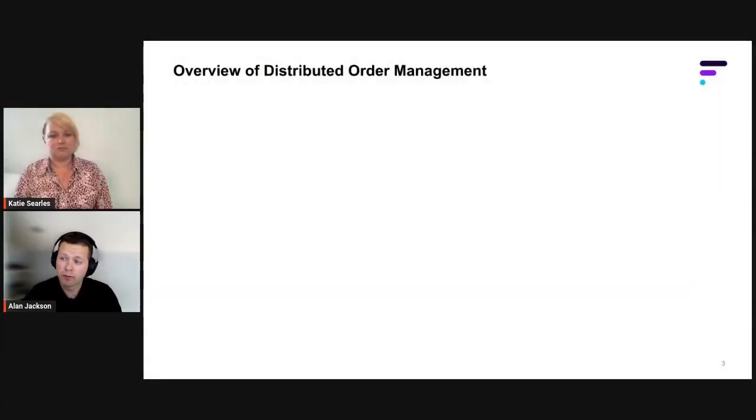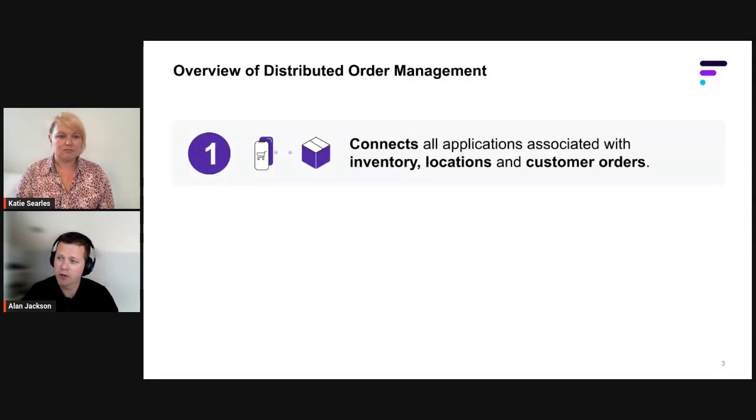More recently, we see distributed order management as really being three core competencies that shift order management into a slightly different paradigm. So, in order to manage orders in this omni-channel world, we need to be thinking about bringing together the various data streams that are critical to managing orders effectively.